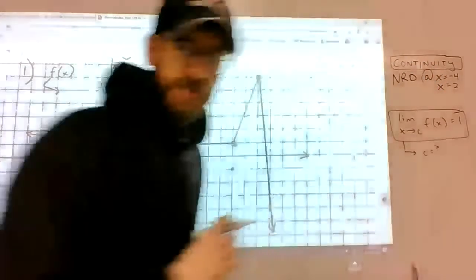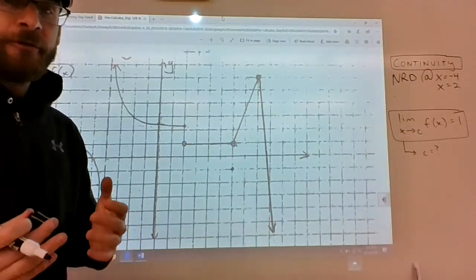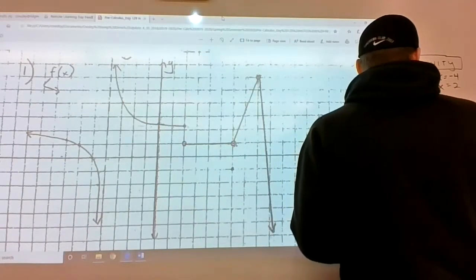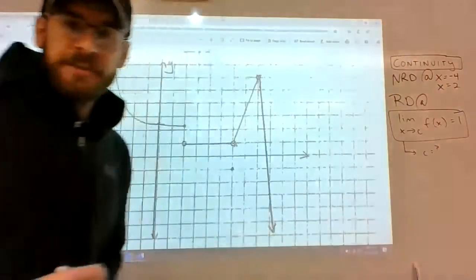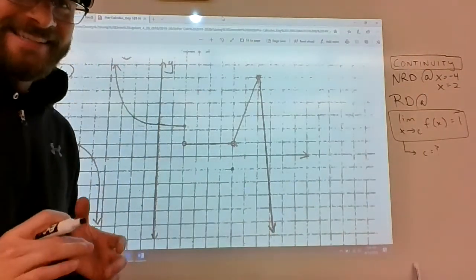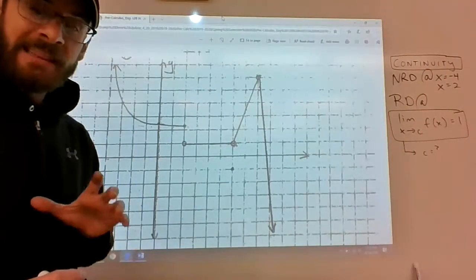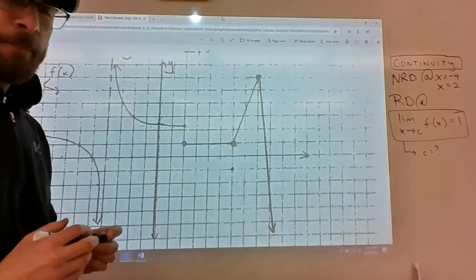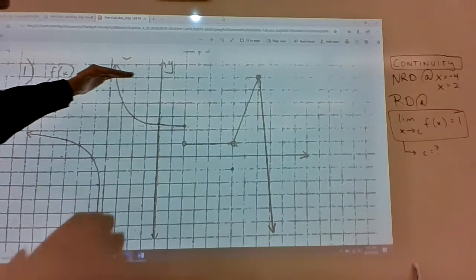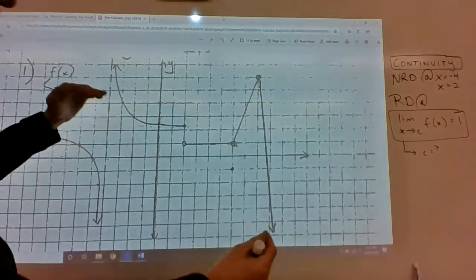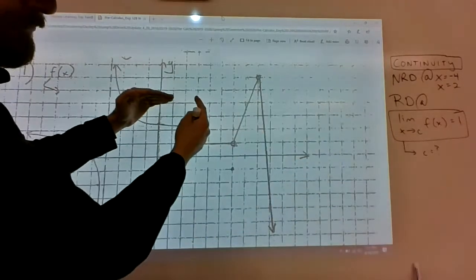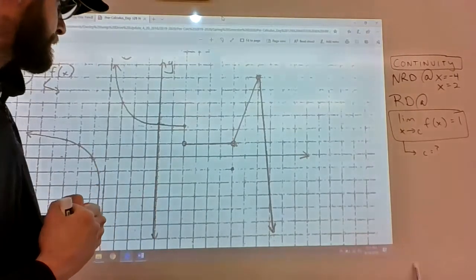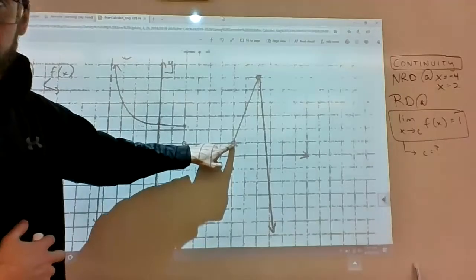Okay. So the next one would be, where do we have removable discontinuities? So remember, this is a place where the graph is discontinuous, but the limit does exist there. So when you think about it, it's like, what are the points where the limit from the left equals the limit from the right, and it converges to a specific spot. Well, right here looks like a prime candidate.